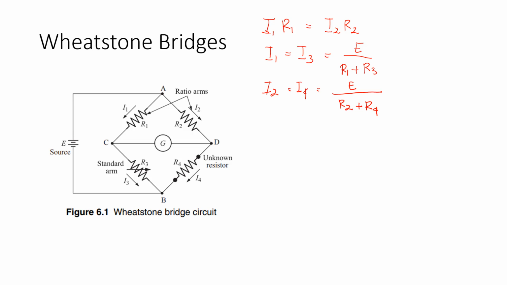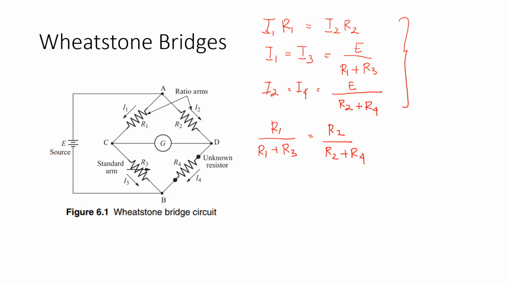Okay, then by combining this mathematics, we can write that R1 per R1 plus R3 is equal to R2 per R2 plus R4.